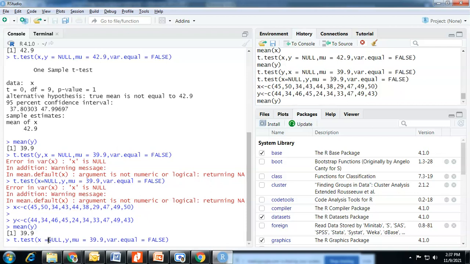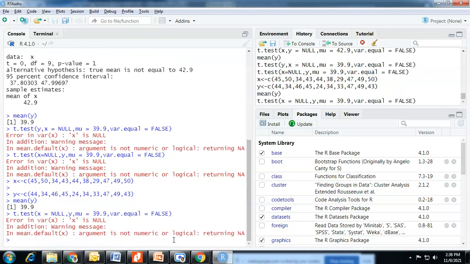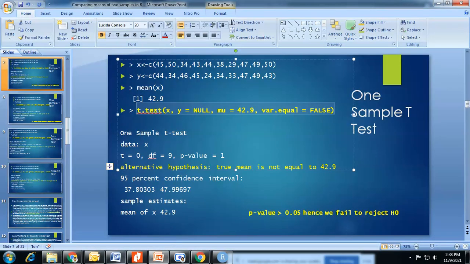So x is equal to null, comma y, comma mu is equal to, var.equal is equal to false. Okay. Just a moment.